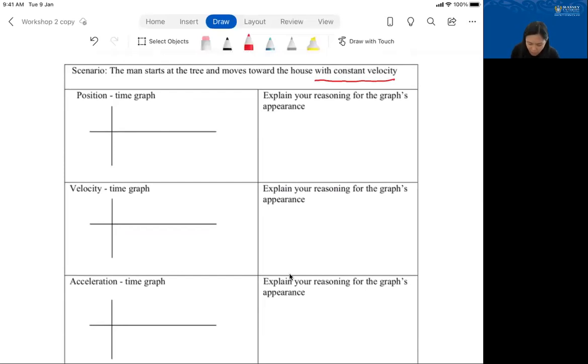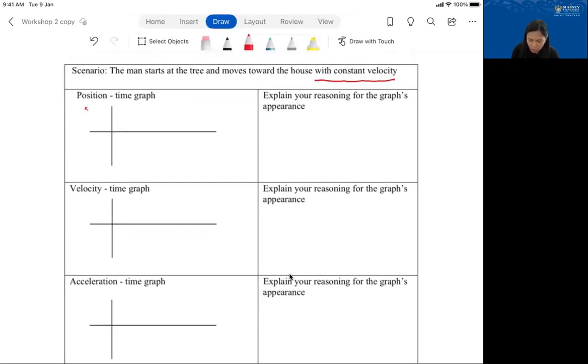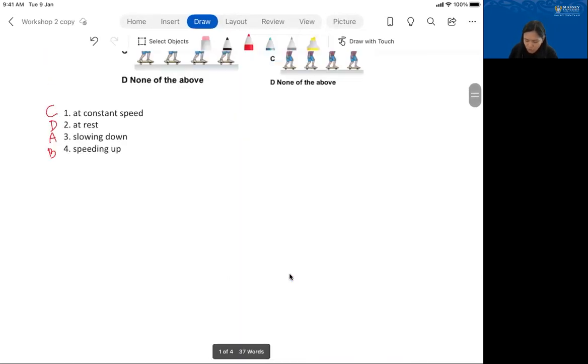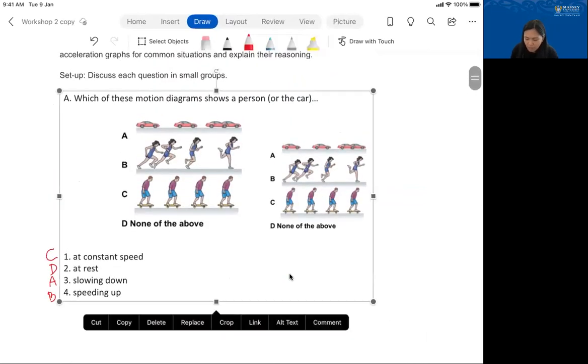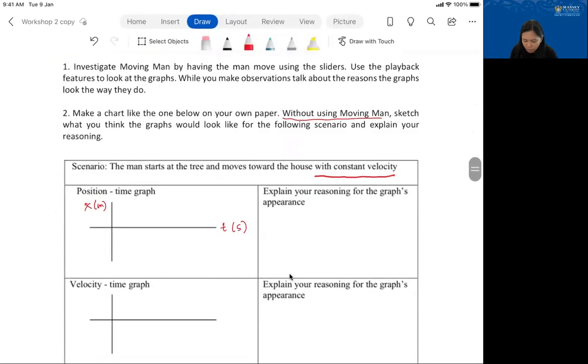So let me just label our graphs, because we said if you're doing graphs, you should put labels: position x in meters, time in seconds. I'll do velocity next after we do position time. As we've seen in the first question, if you're moving with constant speed, then the distance you're covering is fixed for a fixed time interval, and that will give you this straight line graph.